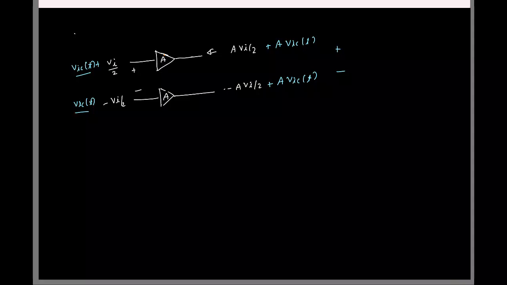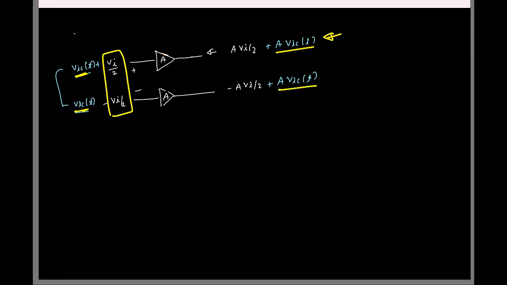But the issue is this, right? This is some interfering signal that is getting added. And let us say this signal Vi, the actual signal you are interested in, is really small. But this signal VIC, the interfering signal, is relatively large. So because of this interfering signal, the output of the amplifier can easily saturate, isn't it?